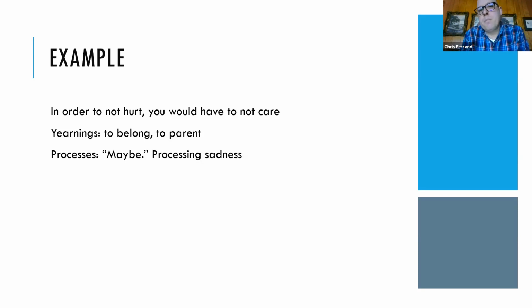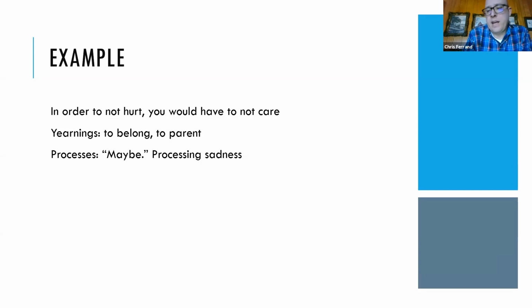So when I drew the heart up there and pointed out that she cares a lot, and that in order to not feel, she would have to not care. In order to not feel here, which was sadness, she was able to notice and name the feeling here is sadness.